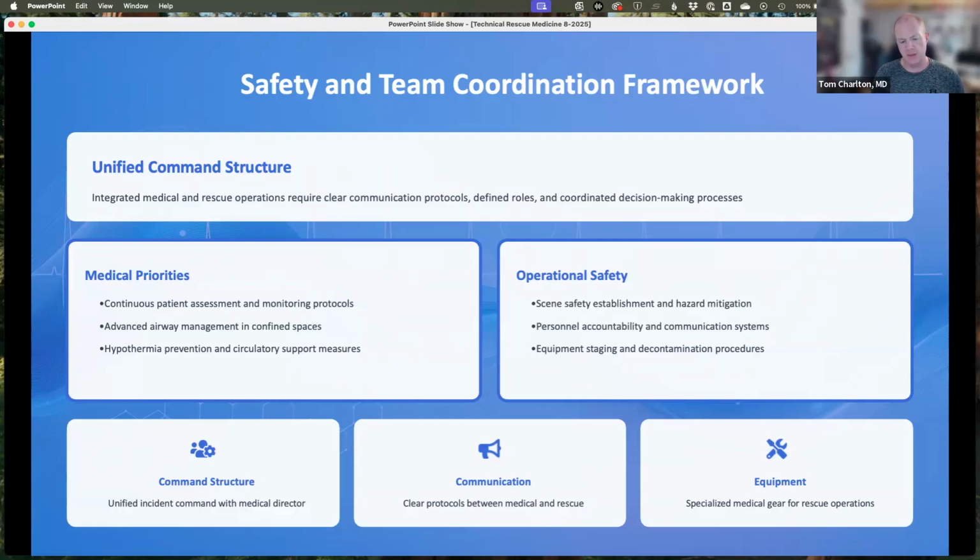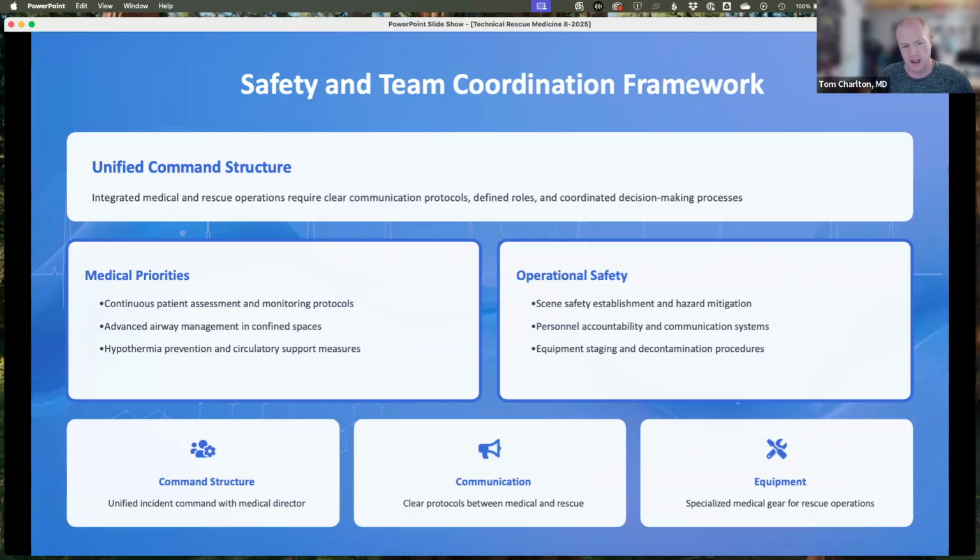The incident command team has to be able to weigh the risks and benefits of all these competing priorities, so we come up with a cohesive plan that is not only safe but effective and efficient, and oriented towards keeping the patient also safe and cared for while we're developing the plan and successfully implementing it.